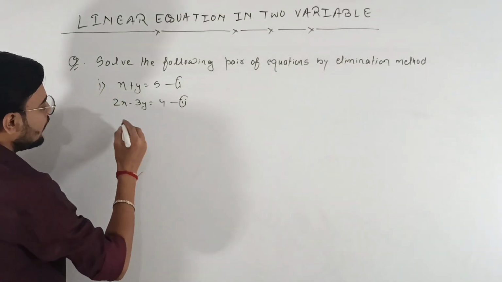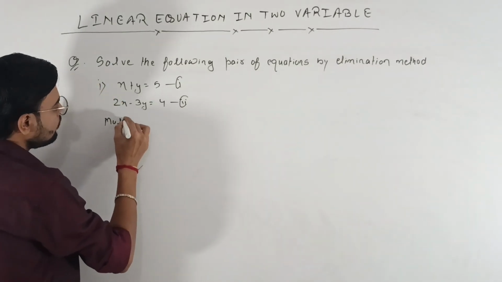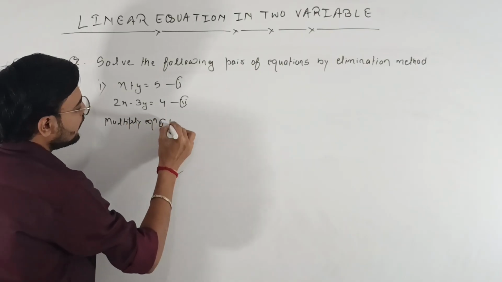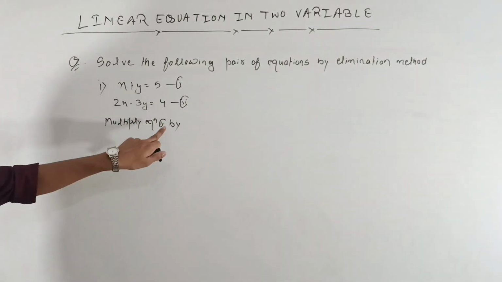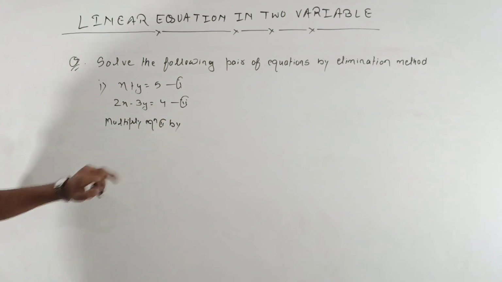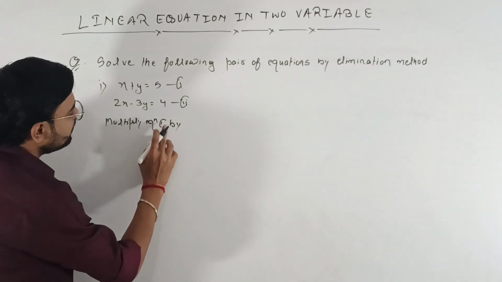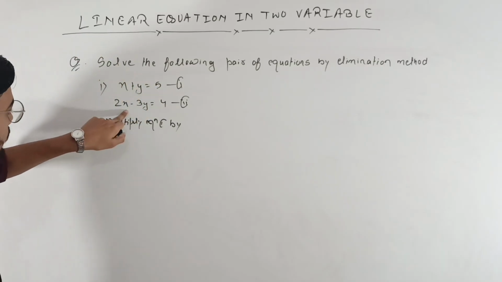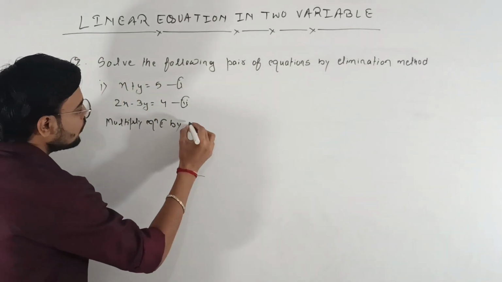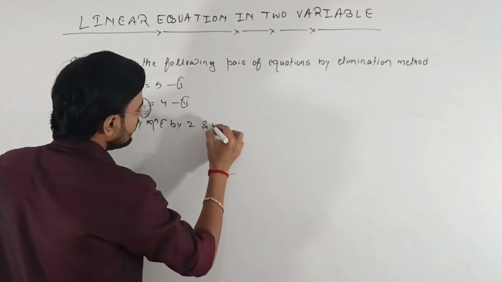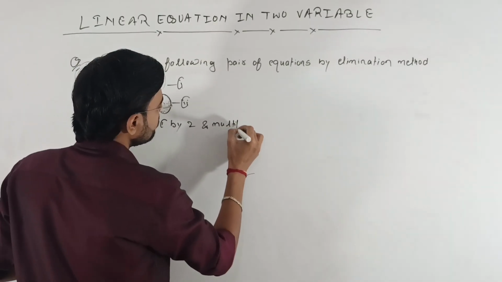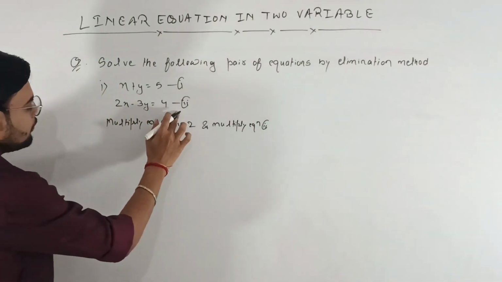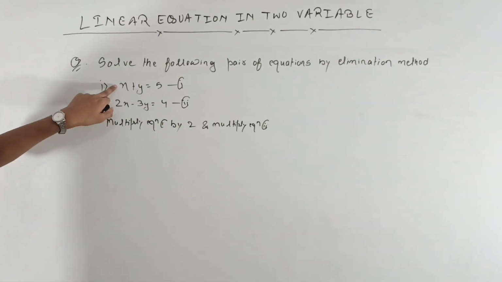So look, first I multiply equation first by the coefficient of x of equation second, which is 2. And then I multiply equation second by the coefficient of x of equation 1.